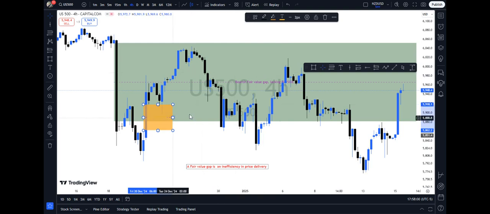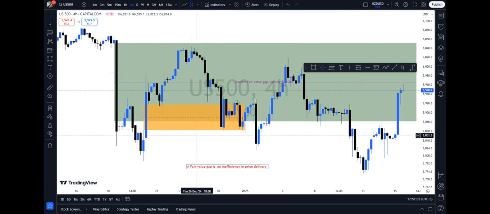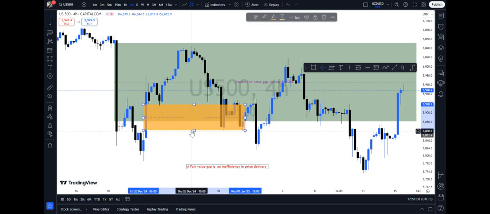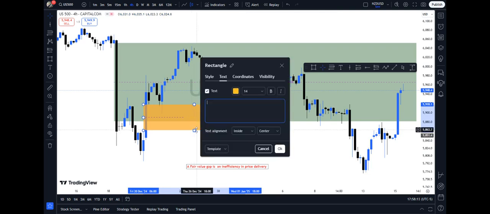This is another fair value gap. You see? This is a bullish fair value gap.